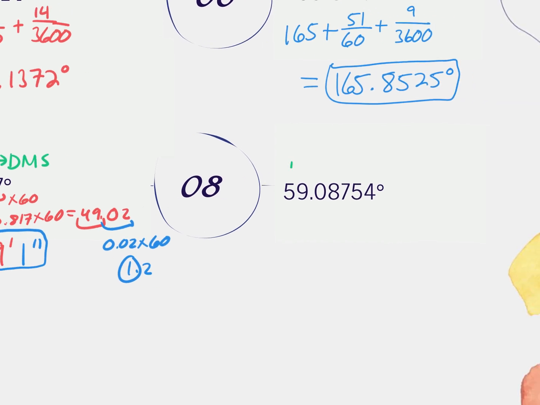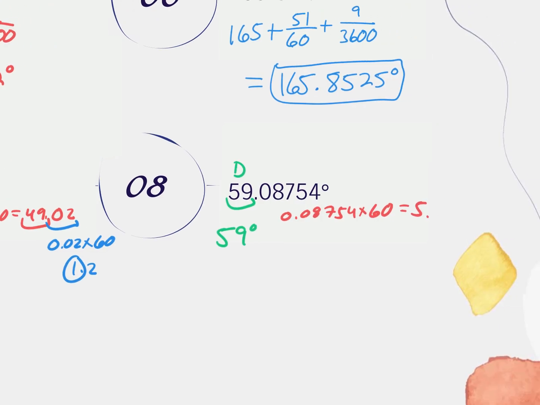All right, this is my degree, the whole number, 59 degrees. The minutes is going to be the 0.08754 times 60. So again, punch that in a calculator, and then we get 5.2524, right?